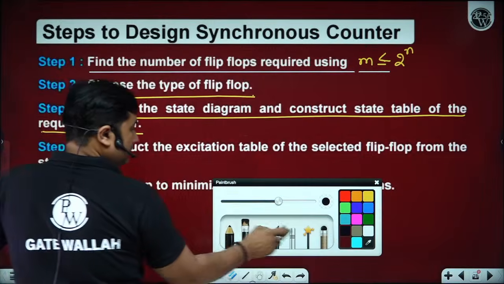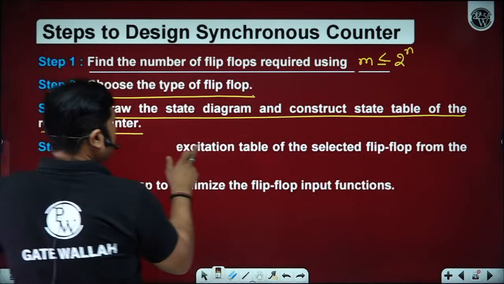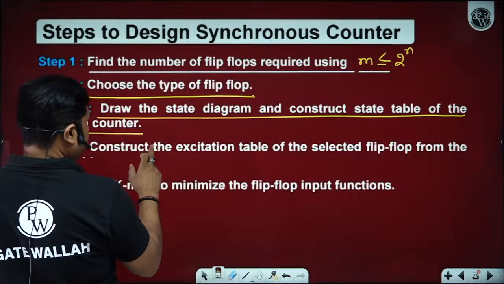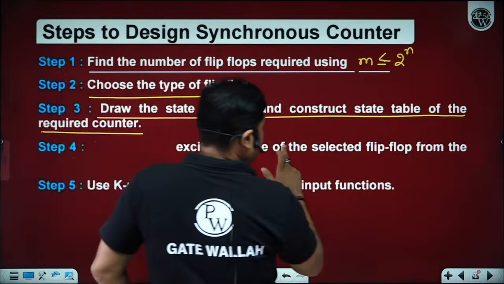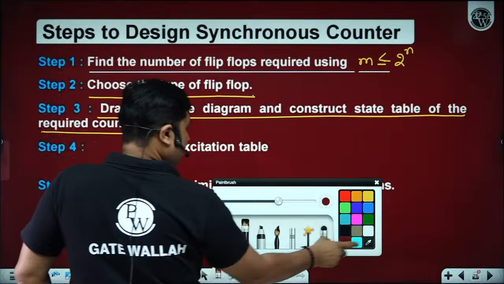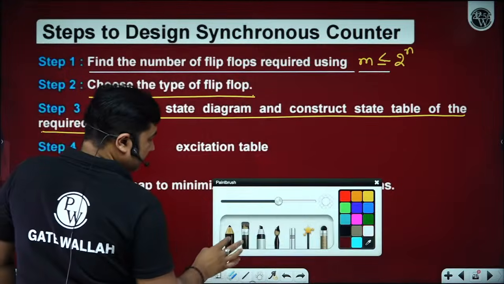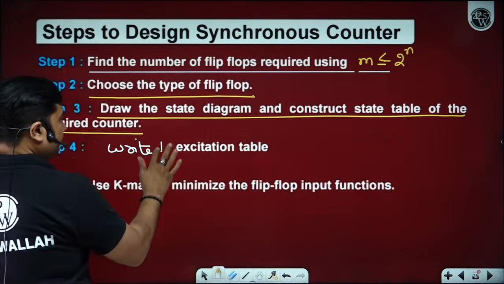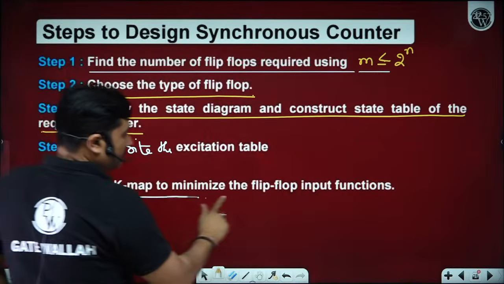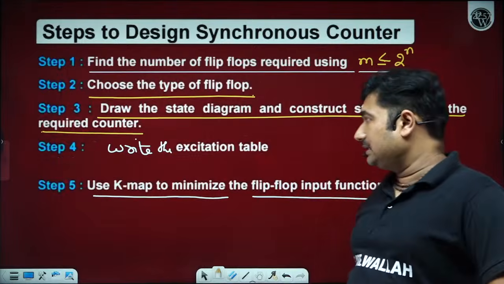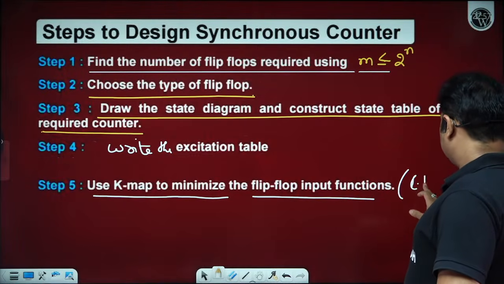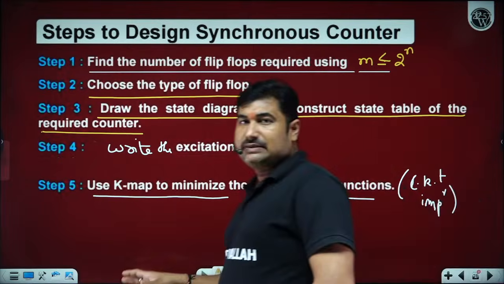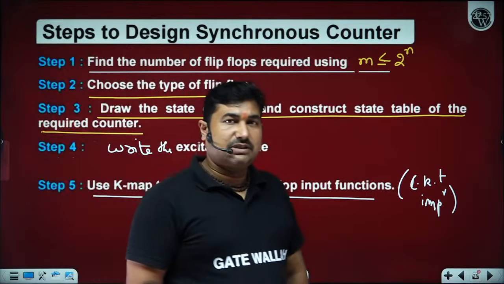I am making it easier. Just construct a state table, then write the excitation table. Then use K-map to minimize the flip-flop input functions and implement the circuit. So we'll discuss these 4 steps, how to use them to design our desired synchronous counter, tomorrow.